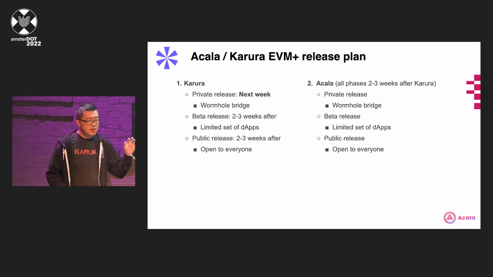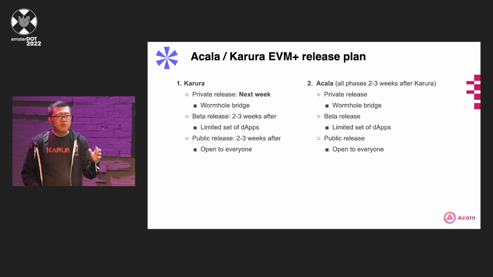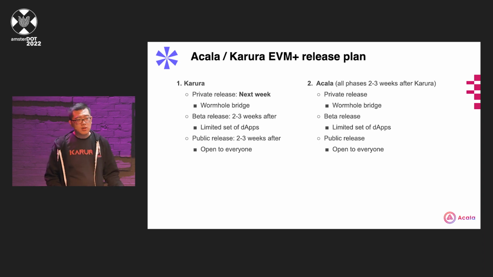And then the second phase. We want to go with a phased approach because we don't want everyone to start deploying assets right away, and we are not 100% Ethereum compatible. There will be some troubles, some technical difficulties. We are still a small-ish team, and we cannot handle all the support requests at the same time.